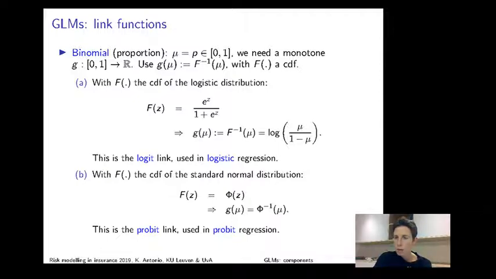Then you will use as the link function the inverse of the CDF of the standard normal, and the regression model will then be referred to as a probit regression model. So that concludes our discussion of suitable link functions. So we conclude that it really depends on the kind of response variable that you're modeling, which type of link function makes sense.